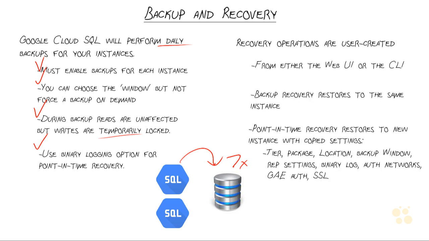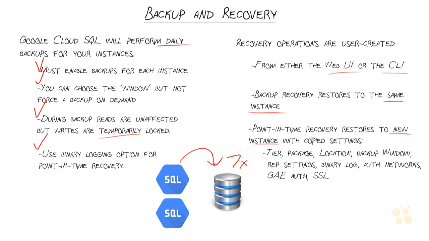Recovery is very easy as well. Those are triggered by you, the user, so it's not an automated process, obviously, when you need to recover. You can do it, of course, from the web UI or the command line interface. Backup recoveries restore to the same instance that they came from. So you're making your recoveries from a backup into an instance. But if you do a point-in-time recovery, you're actually getting a new instance.